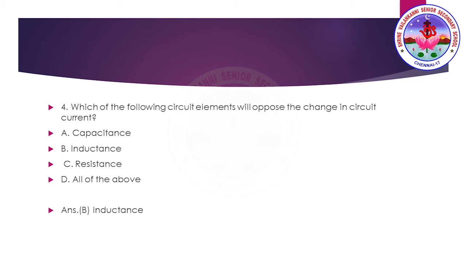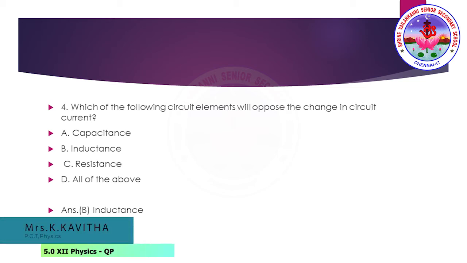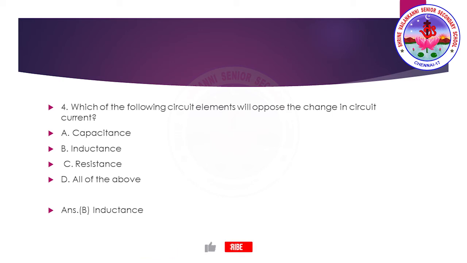Which of the following circuit elements will oppose the change in the circuit current? Option A, capacitance. Option B, inductance. Option C, resistance. And option D, all the above. See, the inductance is the circuit element that will oppose the change in the circuit current. So, option B, inductance is the answer.